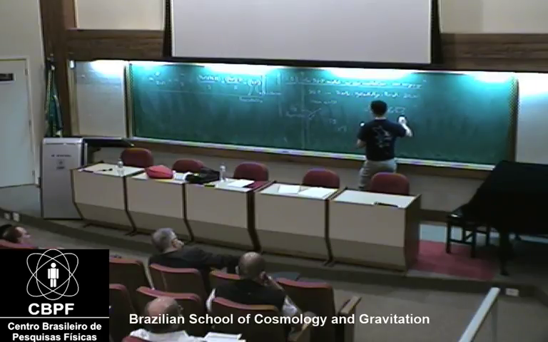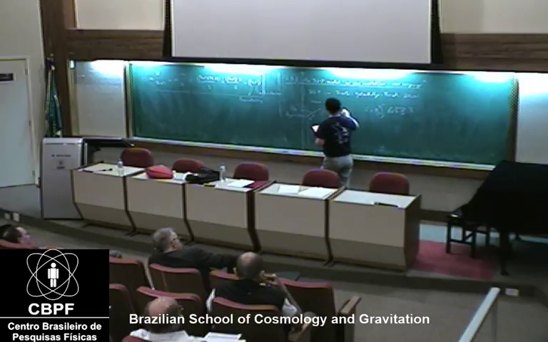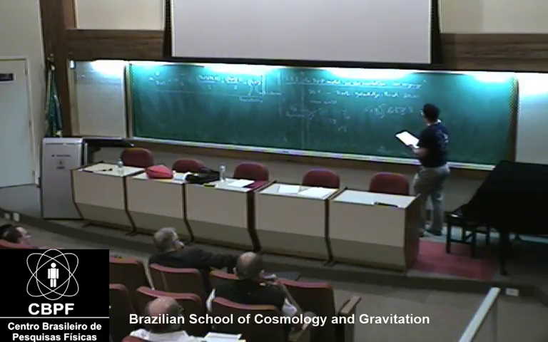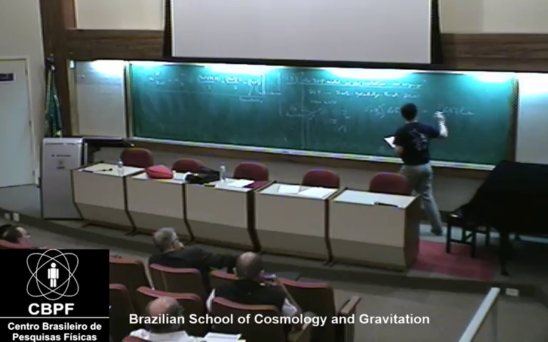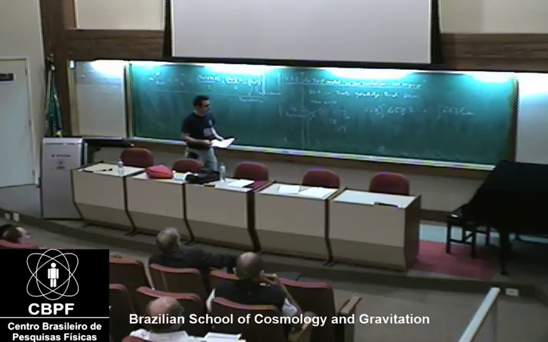Let me put a 5 here, or maybe I will put a tilde to say this is a 5D metric. So I have a tilde metric. Then I have some brane-localized matter, which I imagine to be the standard model matter, and this g without tilde is just the metric on the brane, which is also called the induced metric.